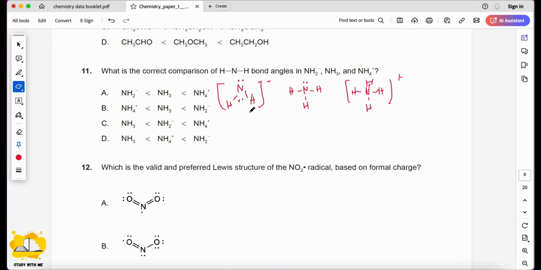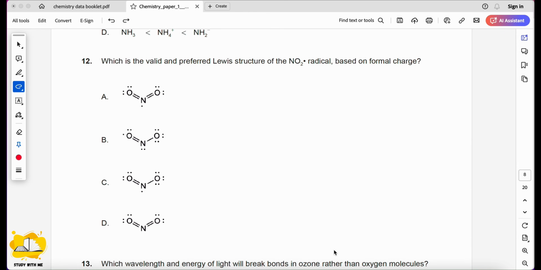So the bond angle of this one is smaller than 109, and this one is smaller than 109 degrees, and this one is 109, tetrahedral. The shapes are trigonal pyramid and bent. So the answer will be A.